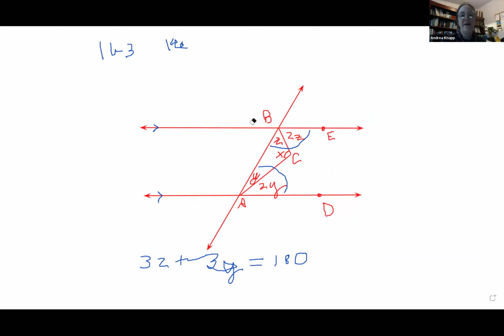Okay, well, anyway, we have 3Z plus 3Y equals 180. Are you both clear on that relationship and why that is? Yes. So now I'm going to factor 3 out of 3Z plus 3Y. So I have 3 times parentheses Z plus Y equals 180.